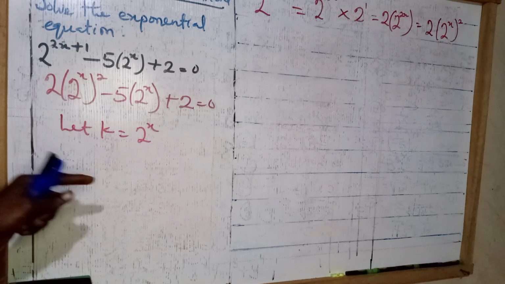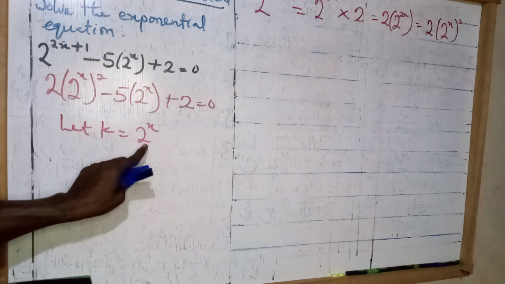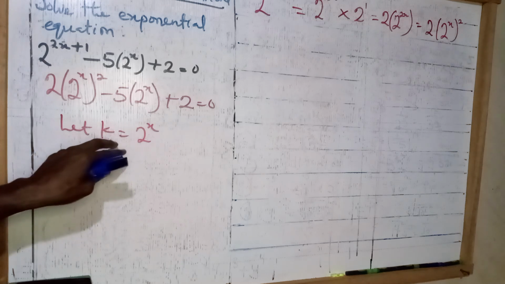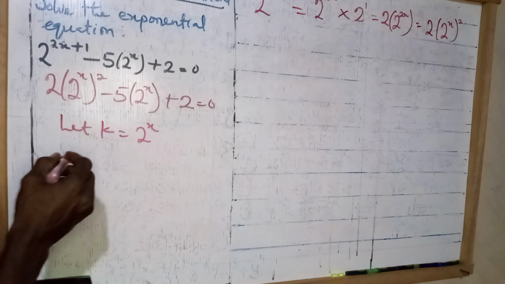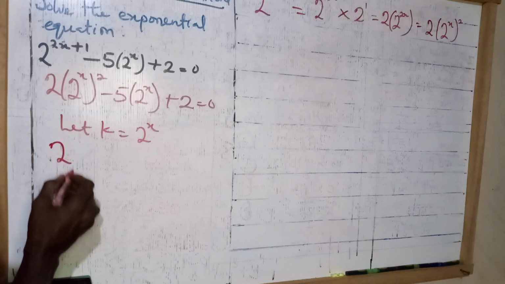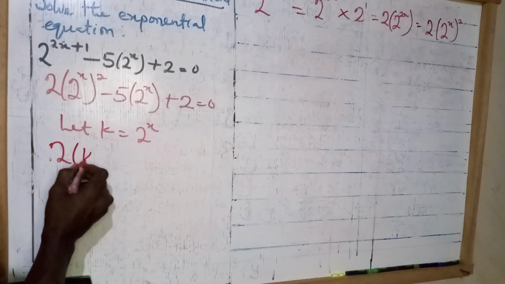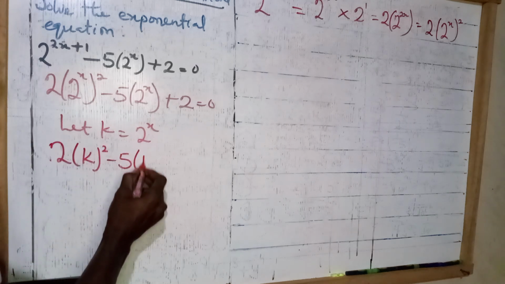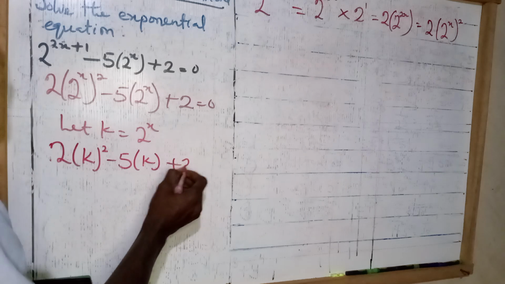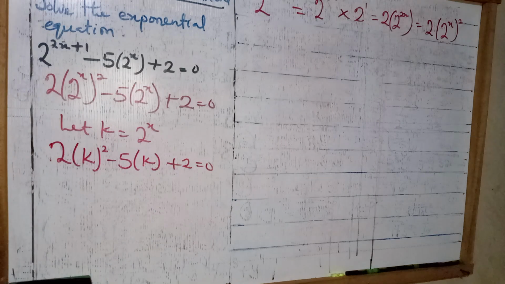Okay, so I will now replace this 2 raised to the power x by k. Wherever I see 2 raised to the power x now, I will use k in place of 2 raised to the power x, as 2 into brackets k squared minus 5 into brackets k plus 2 equals to 0.